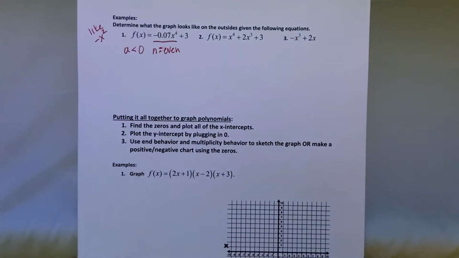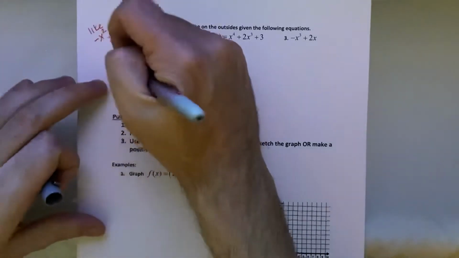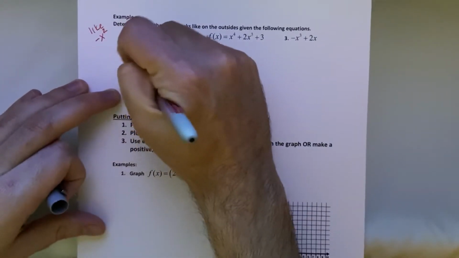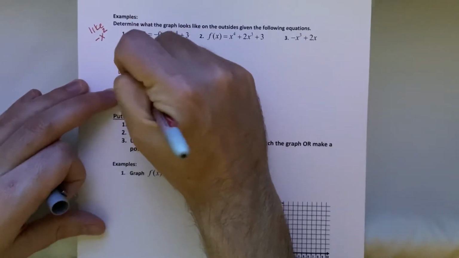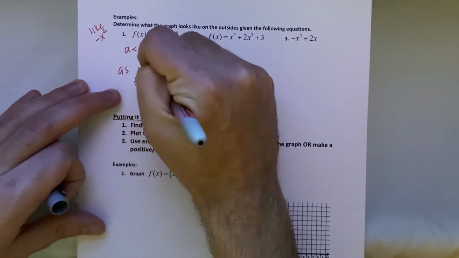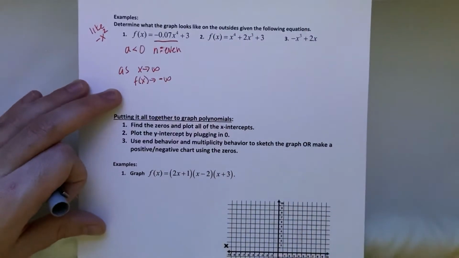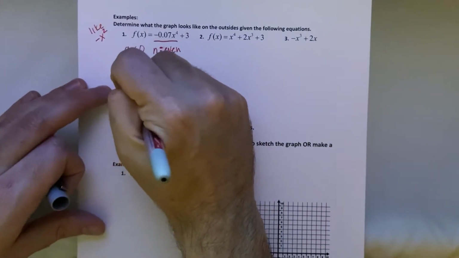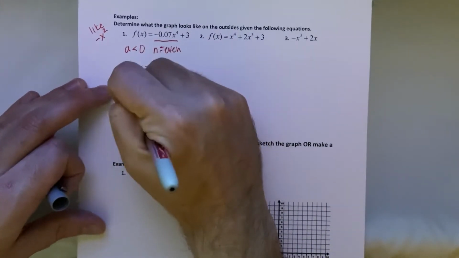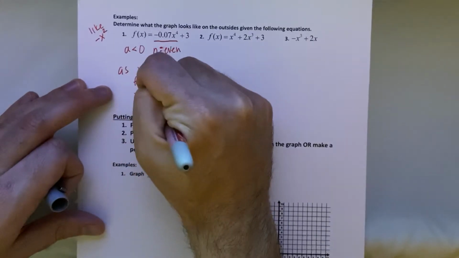And to behave like negative x squared, we know that takes the parabola and flips it downward, which means as x goes to infinity, f of x goes to negative infinity, because it's like a downward facing parabola. As x goes to negative infinity, f of x goes to negative infinity.